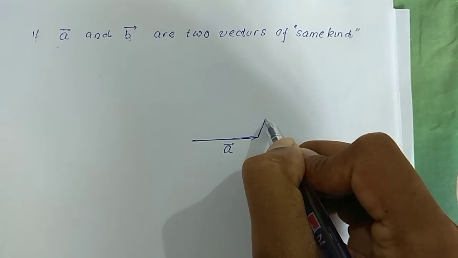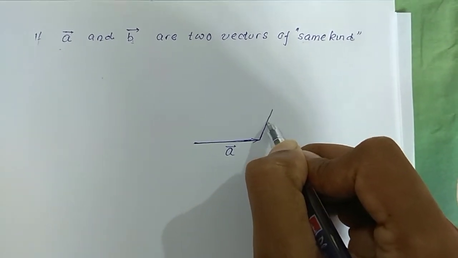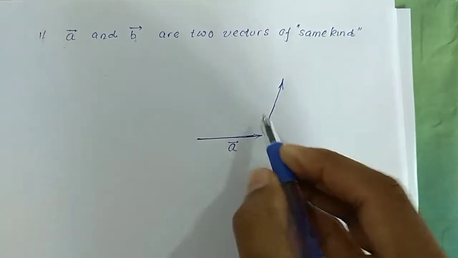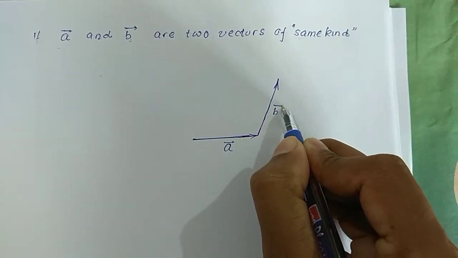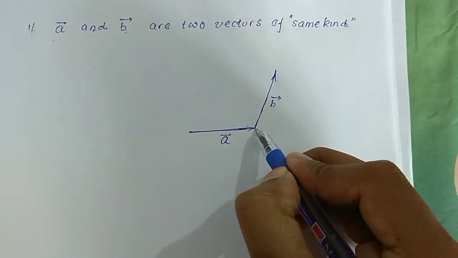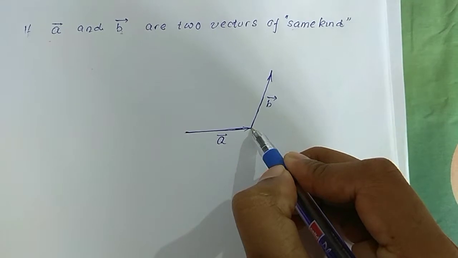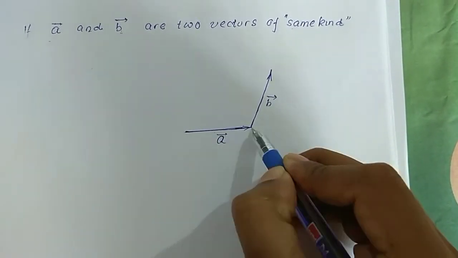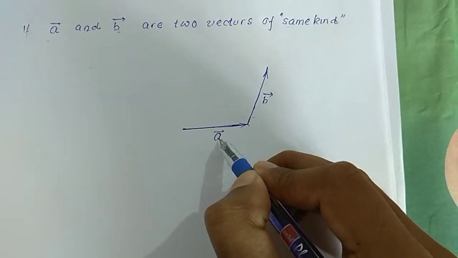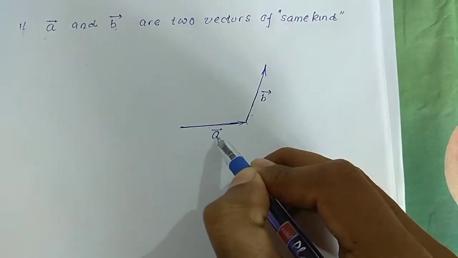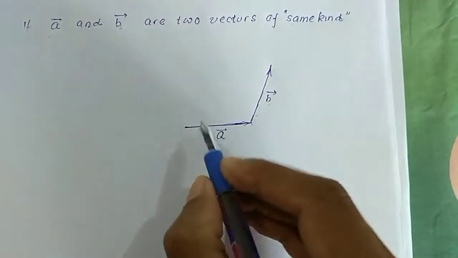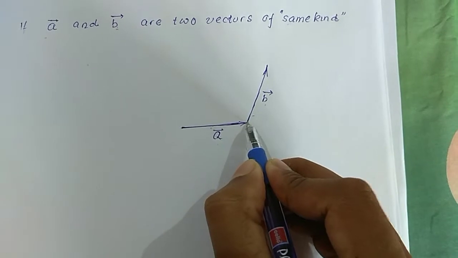If we are adding vector B to vector A, then the tail of B is started on the head of A. Such vectors are called in order, or arranging vectors A and B in order. That is, tail, head.